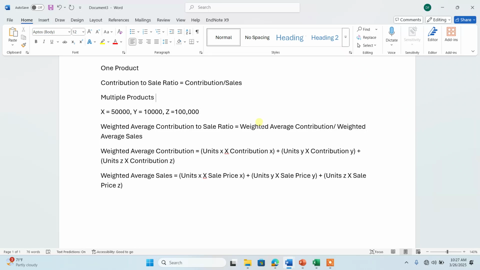By dividing, we will get the value of the weighted average contribution to sale ratio.